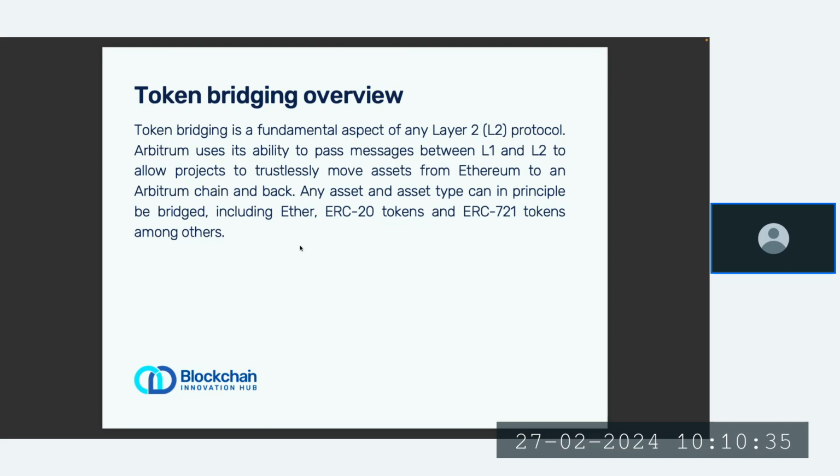So any asset and asset type in principle can be bridged, including Ether, ERC20 tokens, ERC 721 tokens, among others. We understand ERC 721 tokens. Just give me two examples.